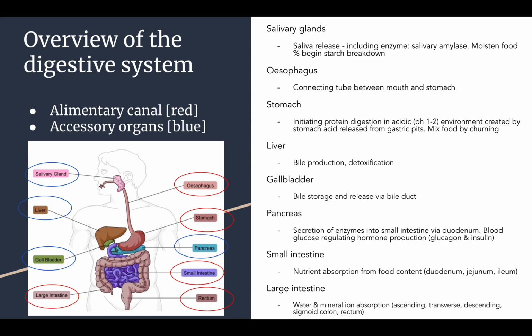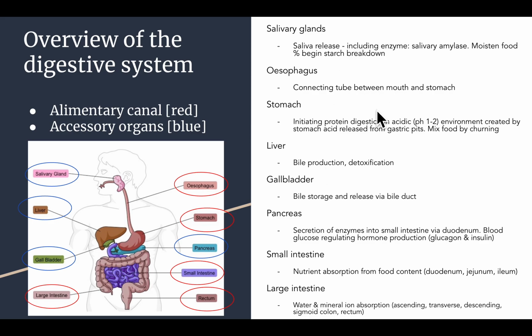That leads us to the next organ, the esophagus, which is a hollow tube that connects the mouth and the stomach. Next, the stomach is basically a container that mixes food by a process called churning, and that mixes stomach acid, which is secreted by the gastric pits lining the stomach, with the food particles.